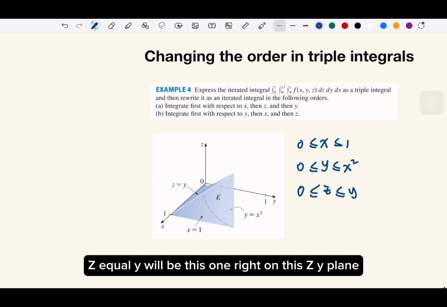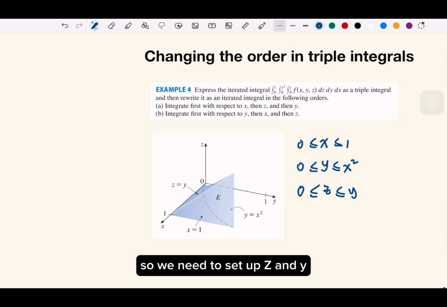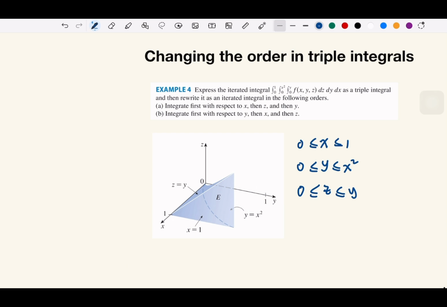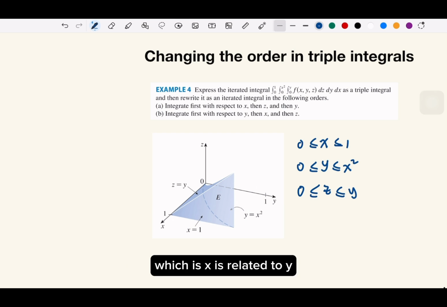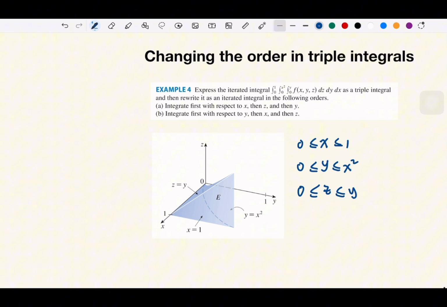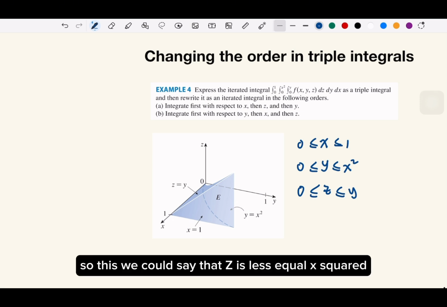Z equals y will be this line on the zy plane. But remember, z is a function of two variables. So we need to set up z and y, and we also need to include x, where y is related to x squared. So we could say that z is less than or equal to x squared.